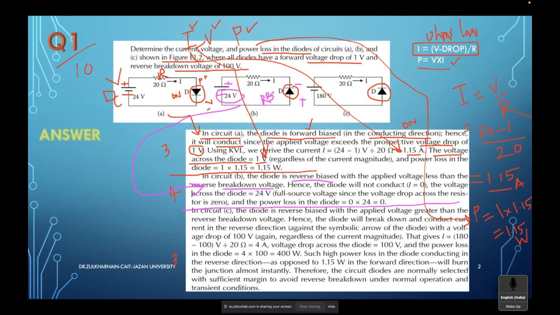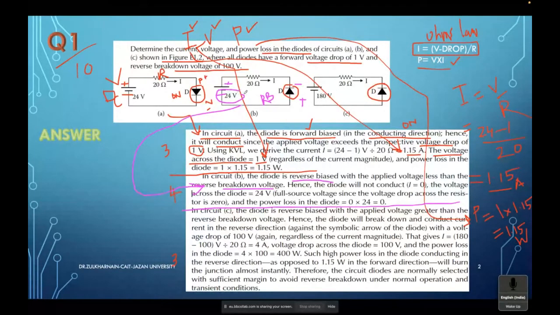So when the diode is off, whatever the breakdown voltage is for a particular diode will be active now. Okay, so when this is active, it gives a voltage drop equal to whatever voltage drop you have at the power supply, because the breakdown voltage is 100 volts and the power supply is 24 volts.